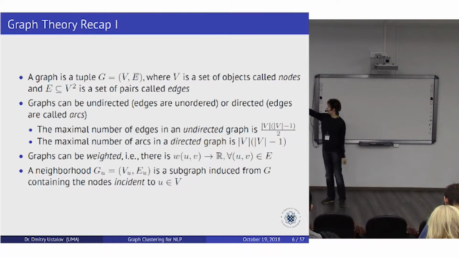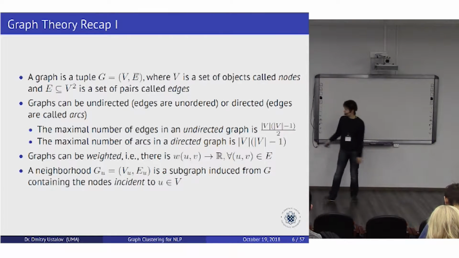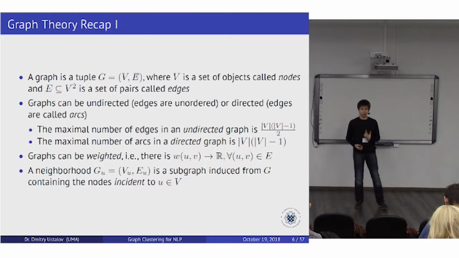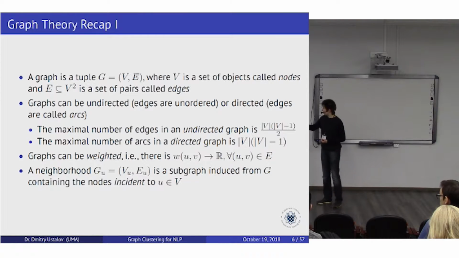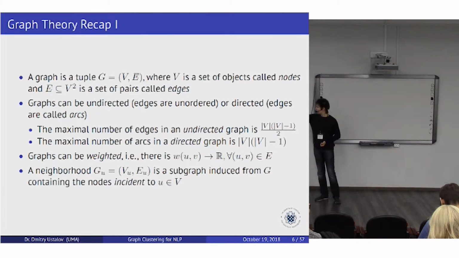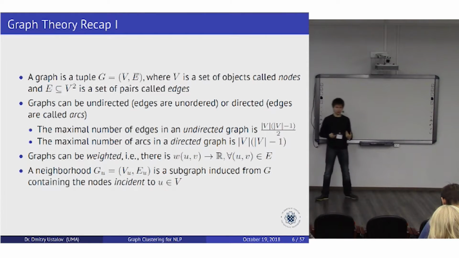If you have a directed graph, you have this number of edges. A graph can be weighted, so we can map each edge to a number. And we'll need a concept of neighborhood, which is basically a subgraph of G, the graph, that contains only the neighbors of the target node without this node.